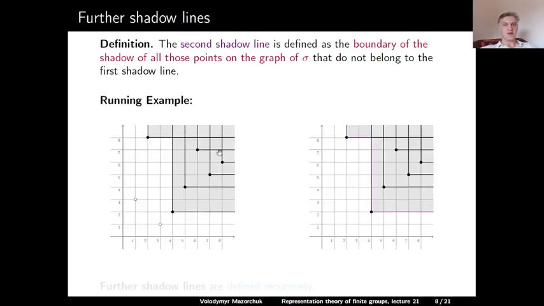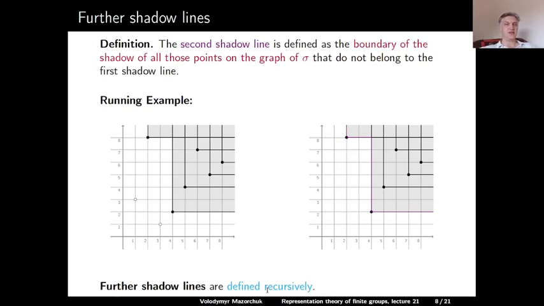So we start from the graph of sigma, and we remove the points 1, 3 and 3, 1, which belong to the first shadow line. And we take the shadows of all other points. And then the boundary of this, which is given by the violet in the second picture, is the second shadow line. And further shadow lines are defined recursively.